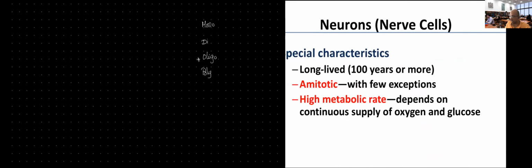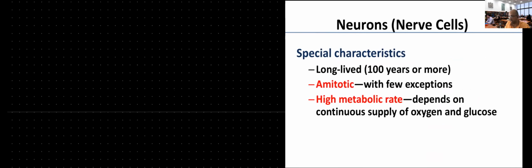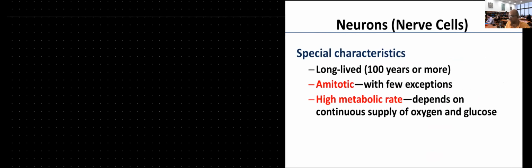Looking here at the structure and the characteristics of the nerve cells, the neurons. Neurons are, again, long-lived cells. They live for 100 years or more. They are amitotic, again, meaning they can't divide by mitosis.